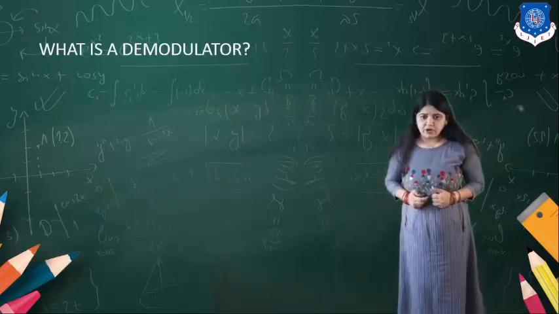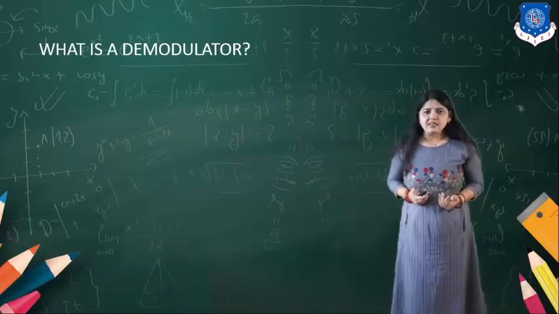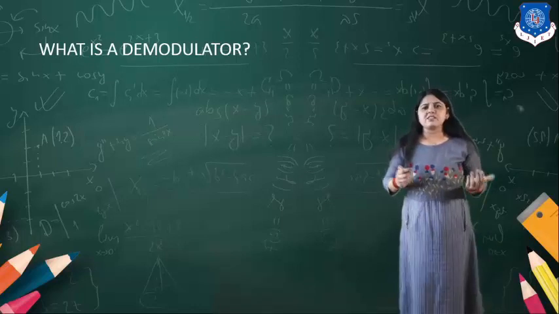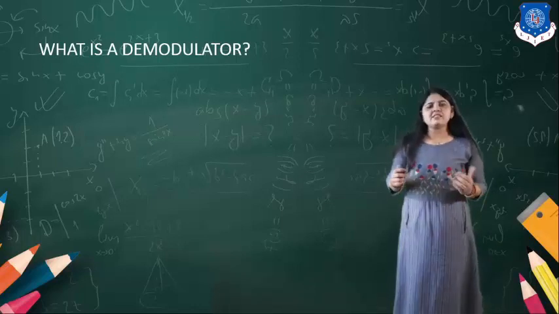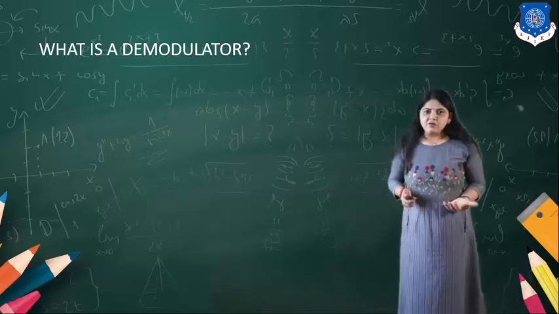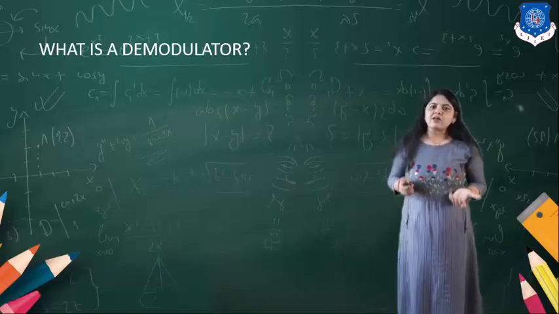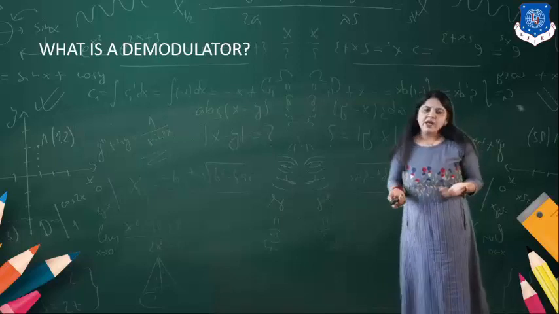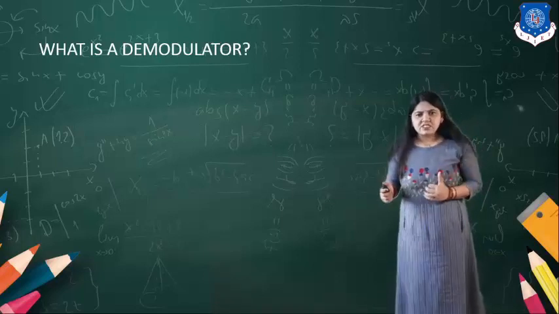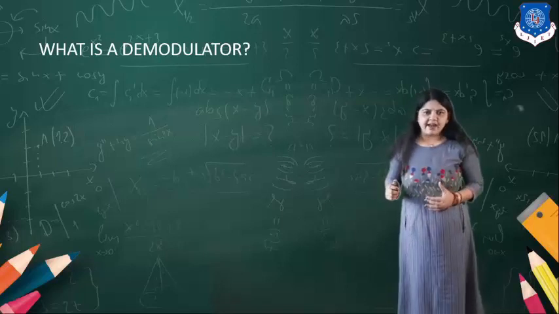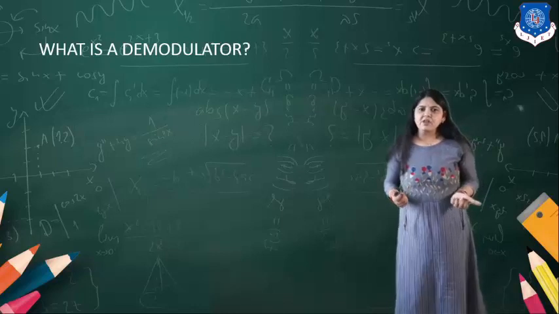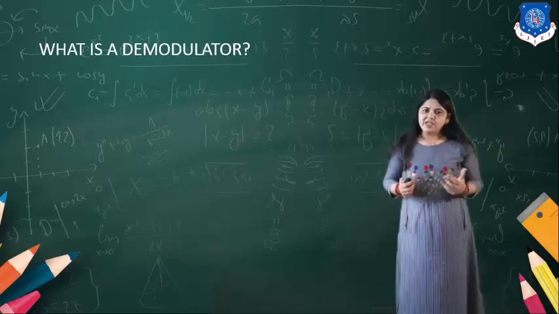What is demodulation? At the transmitting end, the wave which is transmitted is known as the modulated wave. That modulated wave consists of the carrier wave and the information. But when it reaches the receiving end, we need to take out the information from the modulated wave.